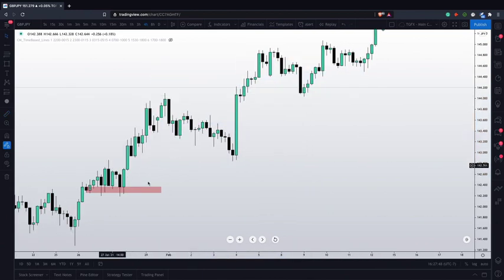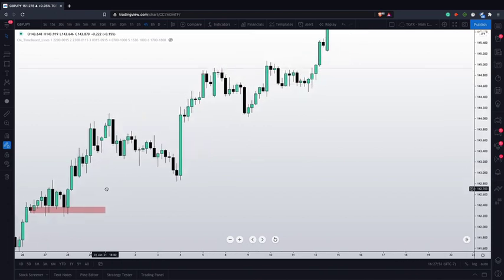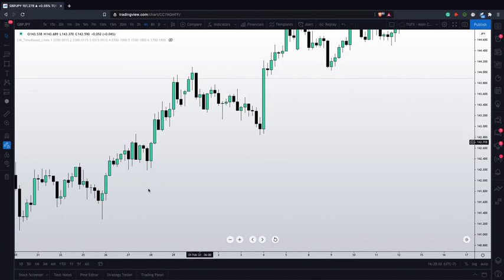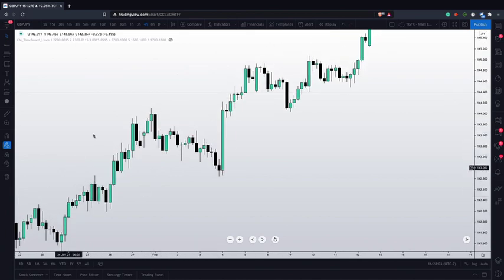So as you can see, this is off of order blocks in confluence with those H4 zones that I was talking about as well. But this is how you can understand the order block flow. When you understand that price is making bullish order blocks, we're overall in bullish structure, and we haven't hit a daily level that could potentially reverse us yet, we're simply just catching more entries going with the flow of the market.